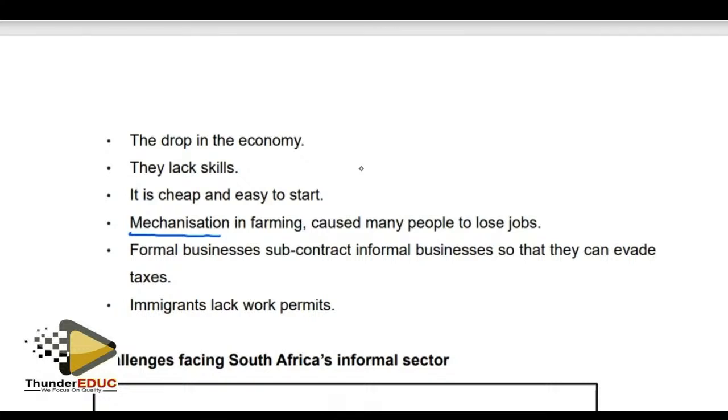Immigrants who do not have work permits as well resort to these businesses to survive, because with formal businesses, like we mentioned before, it will require them to be compliant with the immigration laws. All right.